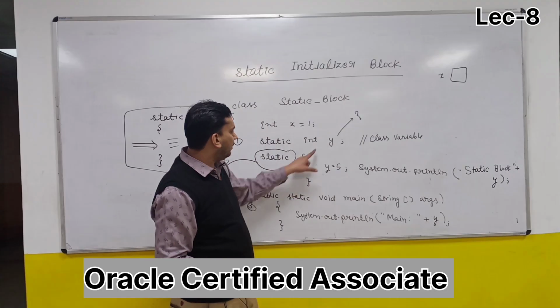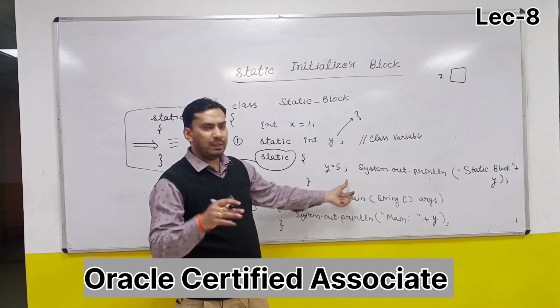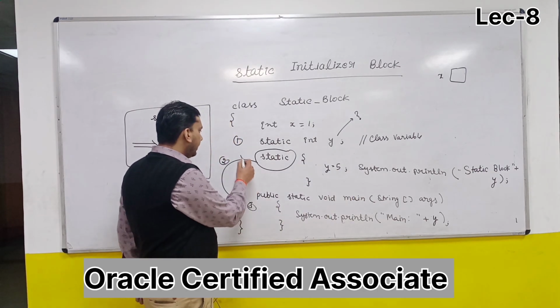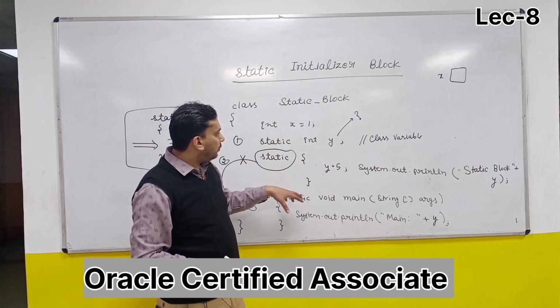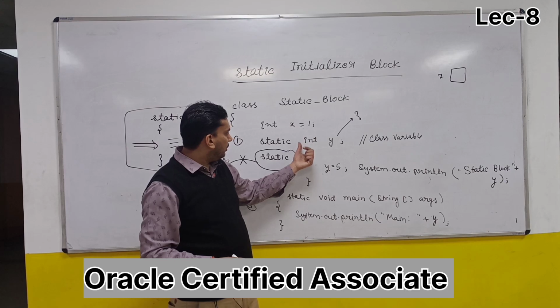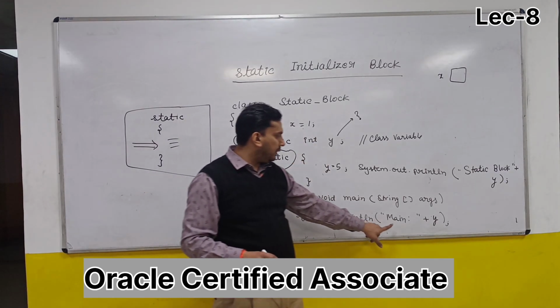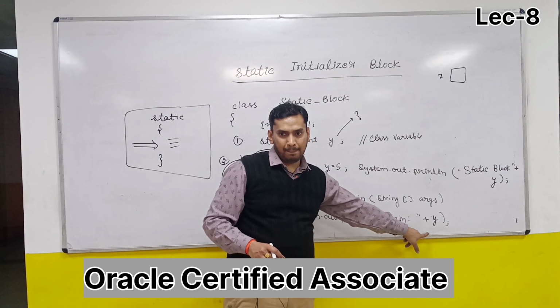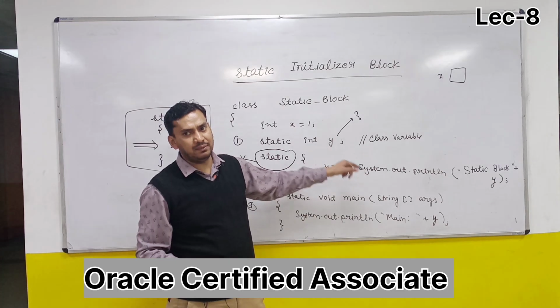The y value has already been updated to 5 by the initializer block. If the static block were not executing before the main function, the output would be main 0. Why? Because y has not been assigned a value, so the default value 0 will be given.